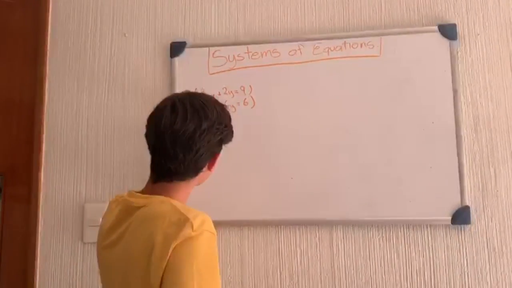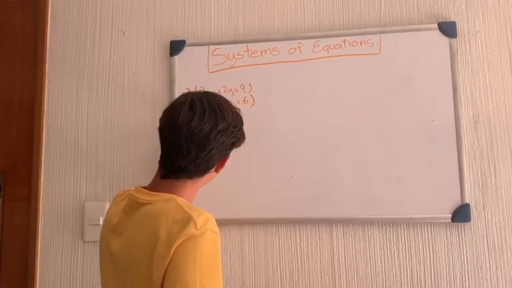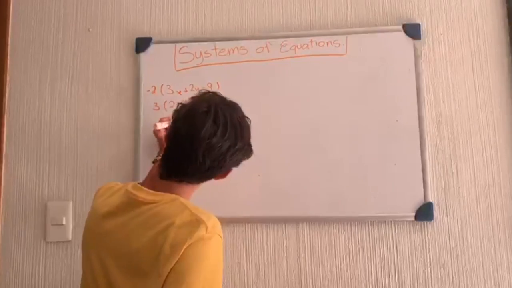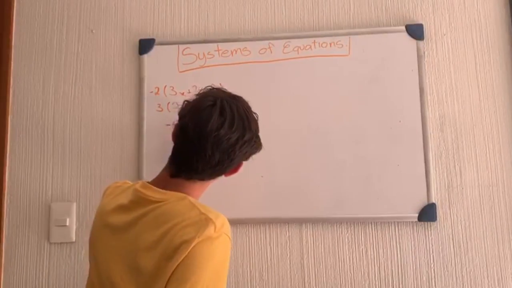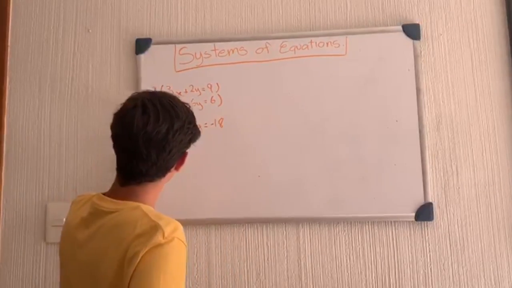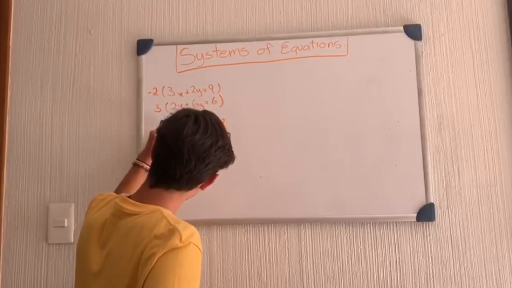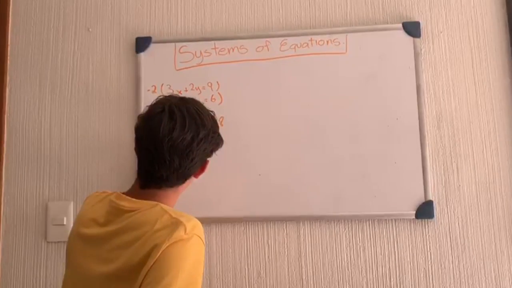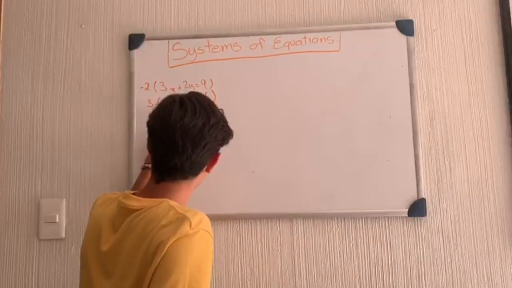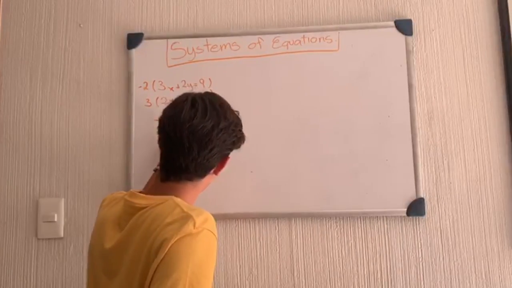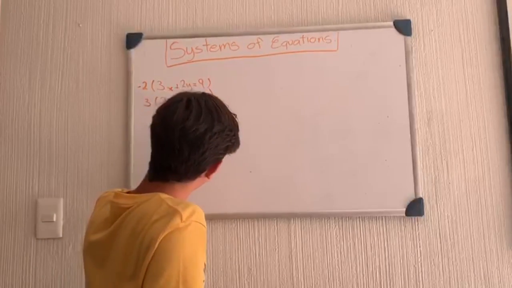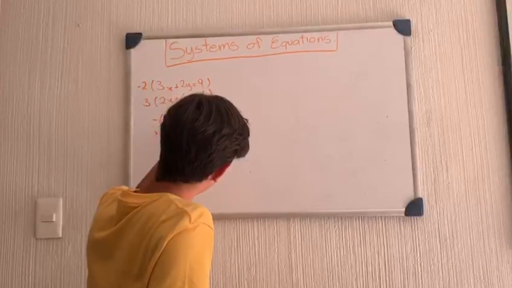So I'm going to choose this one, and it's going to be minus 6x minus 4 minus 16, and then this is going to be plus 6x plus 18y plus 18.